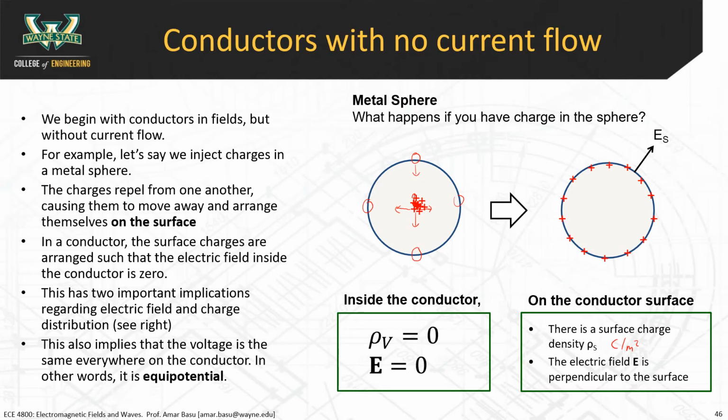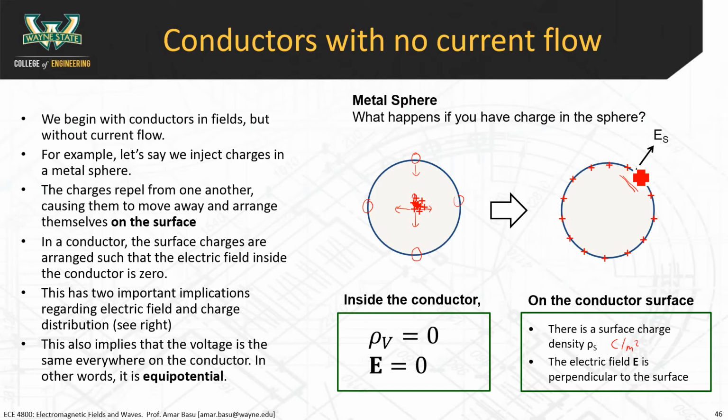Now, the question you might ask is, okay, I understand that the electric field lines point outwards, but why are they perpendicular to the surface? Again, we can do a little thought experiment. Let's say we have a positive charge here. We're going to look at the contribution of these three charges. This positive charge is going to create an electric field pointed in the outwards direction.